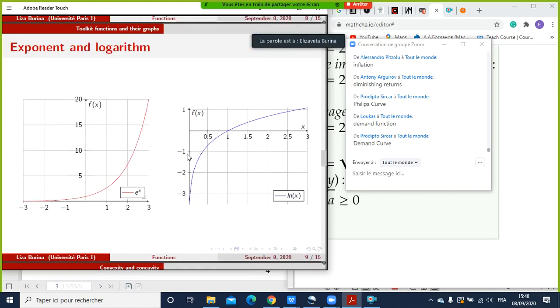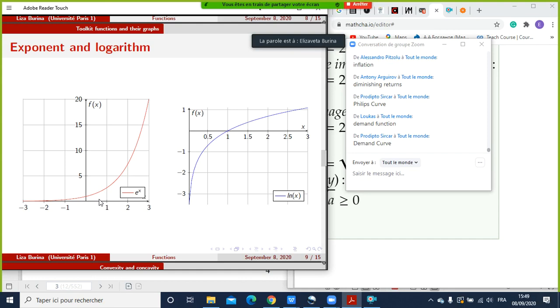Exponent and logarithm. Here you can see that for the exponent, the domain is everything and anything, so x can take whichever value, but the range is only positive numbers. Not even zero, only positive numbers.